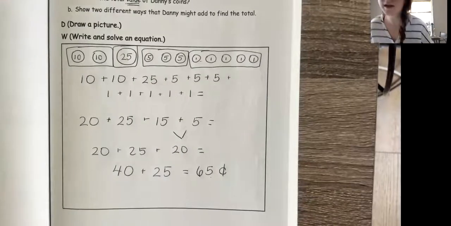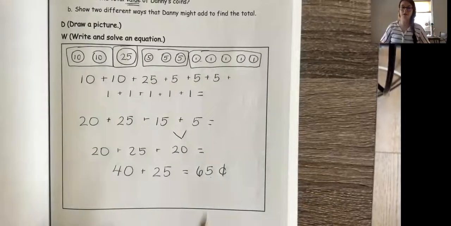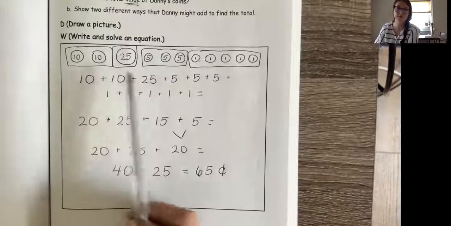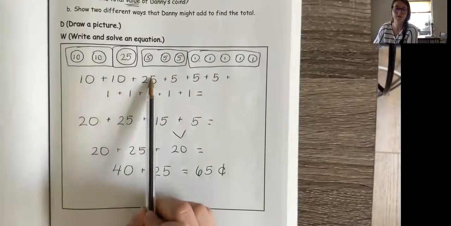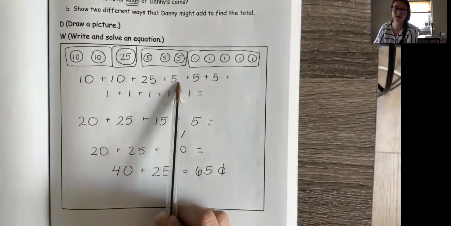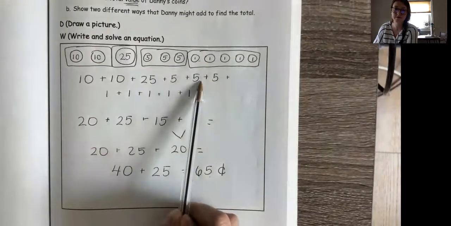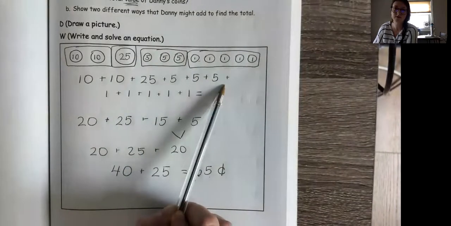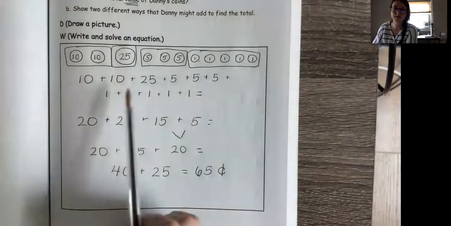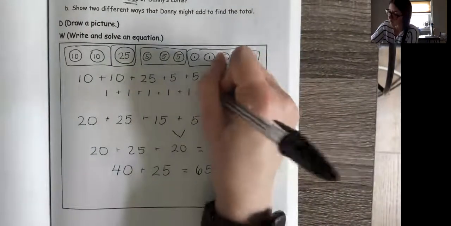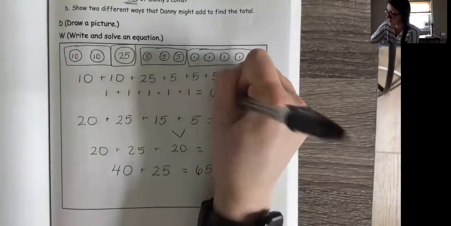So what I can do now is double check to make sure I got the correct answer by adding this up. So 10 plus 10 is 20. 20 plus 25 gives me 45. 45 plus 5 is 50. 50 plus 5 is 55. 55 plus 5 is 60. Or I'm sorry, 60. So then 61, 62, 63, 64, 65. So I have 65 cents all together.